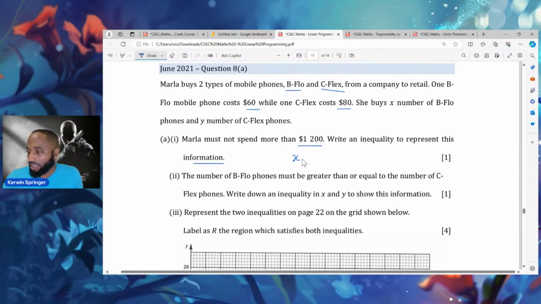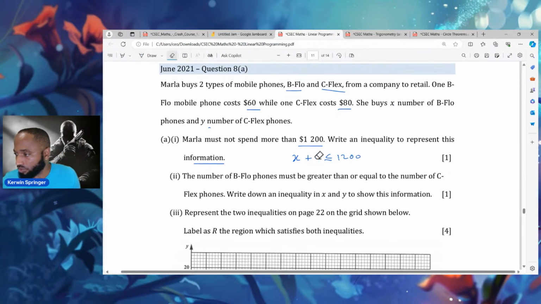All right, so X plus Y must be less than or equal to 1,200. Chat, do you agree with that? That's the number of phones. Oh, wait. That's wrong. I need to multiply by the money for each phone. So which one is the X?